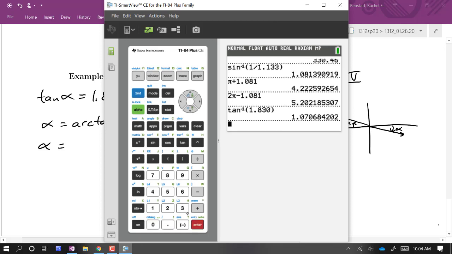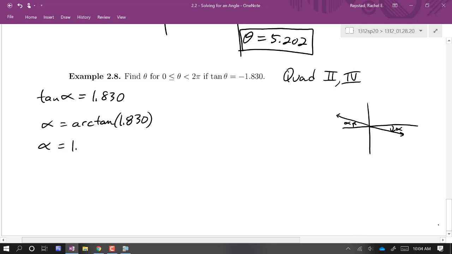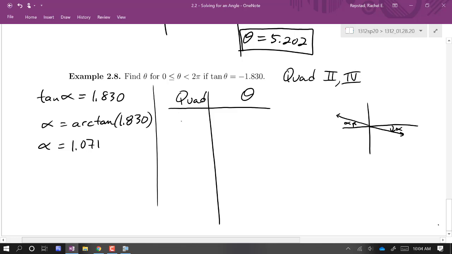And that's 1.071. So in quadrant 2, how do we find theta? Pi minus alpha.